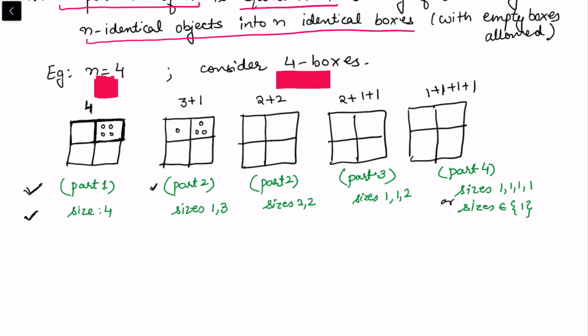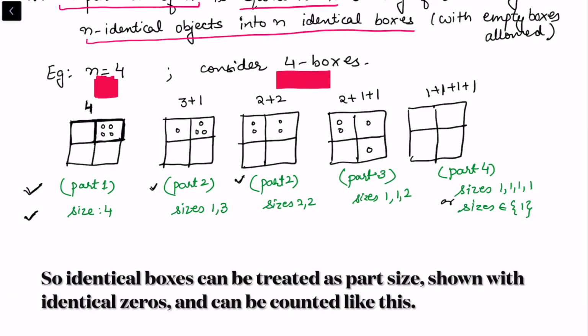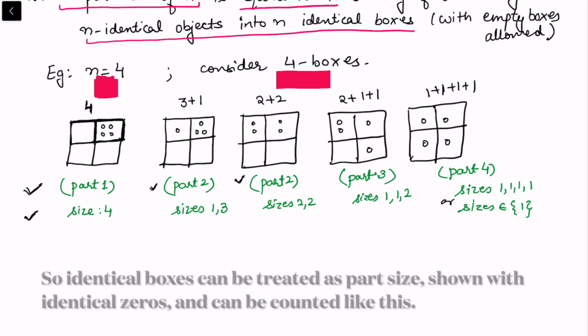You can place it anywhere, 3 or 1, order is immaterial. Then in one box we have 2, and in the other one also we have 2. We can use 2 boxes because of the part size 2. Then we have 3 parts, and in this case we can use 2, then 1 and then 1. And now for this case we will have 1, 1, 1, 1 in each one of them.